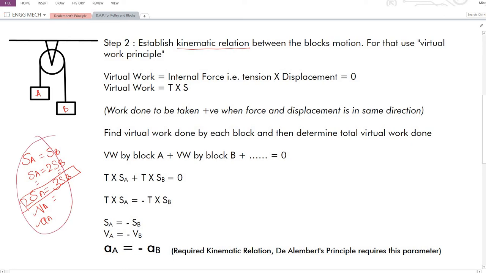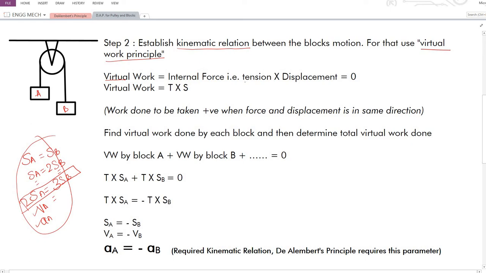Now, how do we establish a kinematic relation? For that, we will first have to understand the virtual work principle. Now, what exactly is virtual work? We are very well aware of the term work. Work is what? Force into displacement. Now, when we add the adjective virtual, we are talking about work done by internal forces.